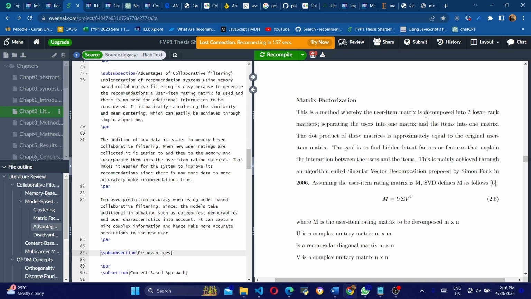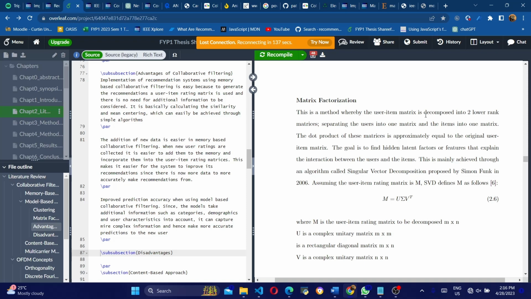The dot product of these is approximately equal to the original user-item matrix M, right? So basically, we are decomposing this one big matrix into two matrices, so that we have one matrix that represents users and one that represents items.